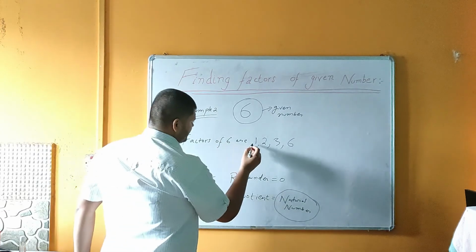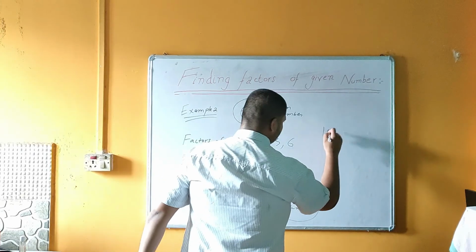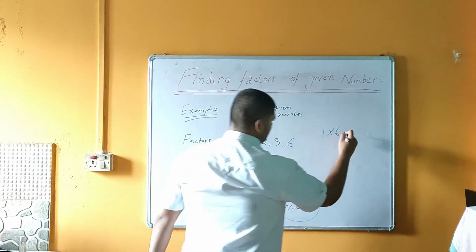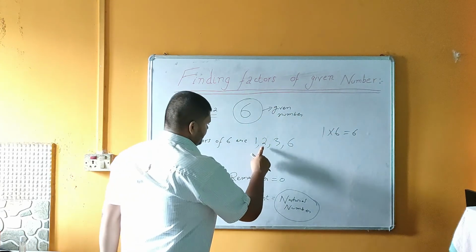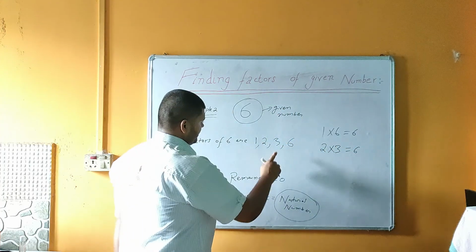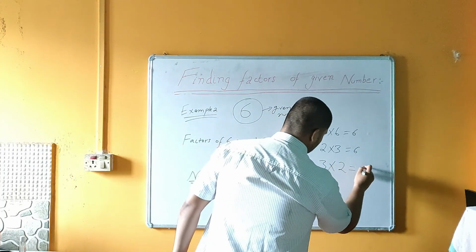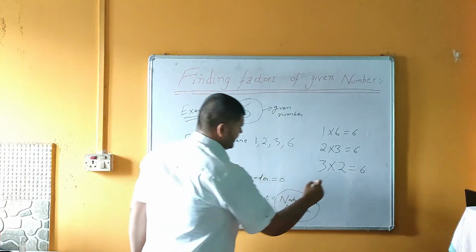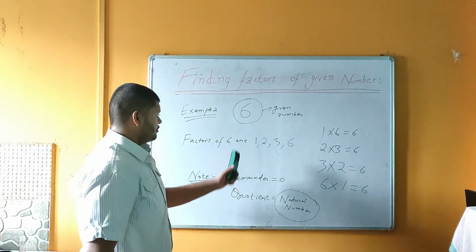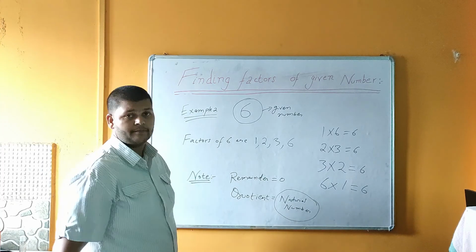In the table of 1, 1 into 6, 6 times, if you multiply 1 with 6, you are going to get 6. In the table of 2, if you multiply 3 times, you are going to get 6. In the table of 3, if you multiply 2 times, you are going to get 6. In the table of 6, if you multiply 1 time, you are going to get 6. So these are the only factors for 6. There is no other factor beyond 6.